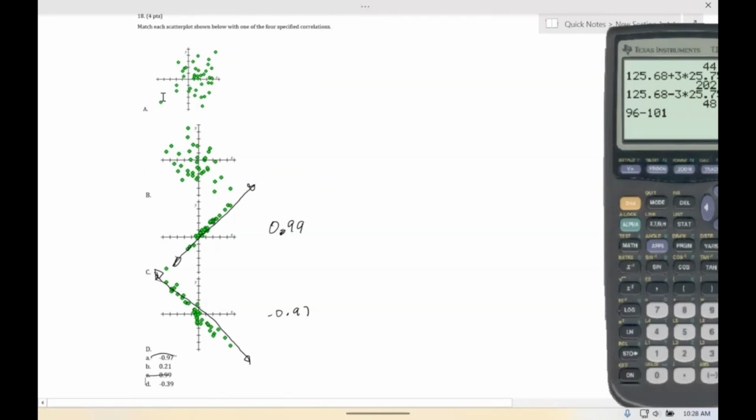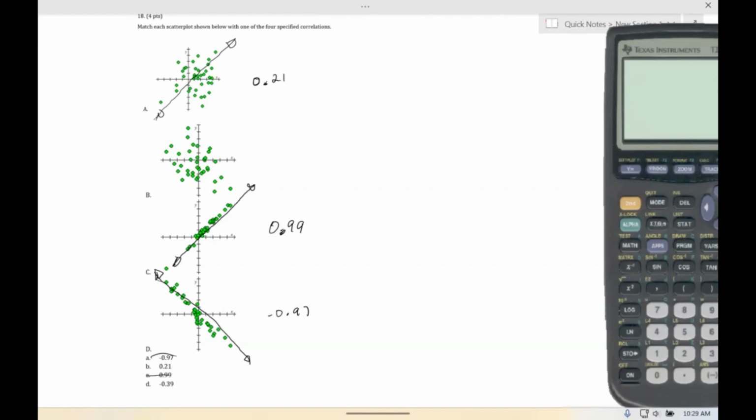So taking a look at graph A, as we read graph A from left to right, notice that there tends to be some positive, not very strong, trend, but notice that there could be a straight line that could be drawn through those points, but the correlation is not really strong. Since it's positive, the only positive number left in our answer choices is 0.21. So graph A has a weak positive correlation.